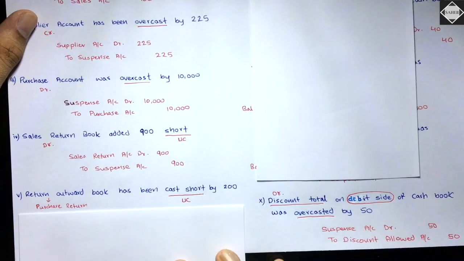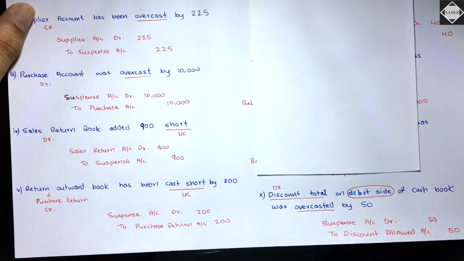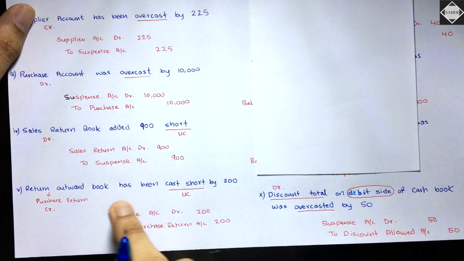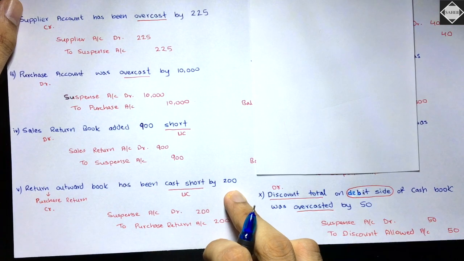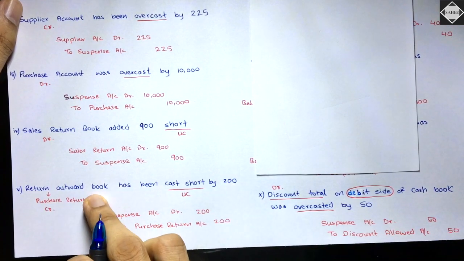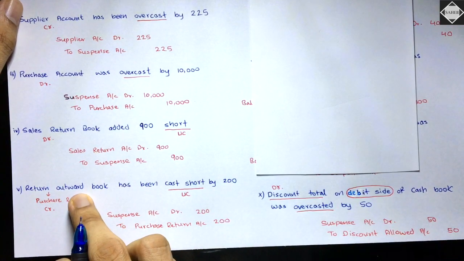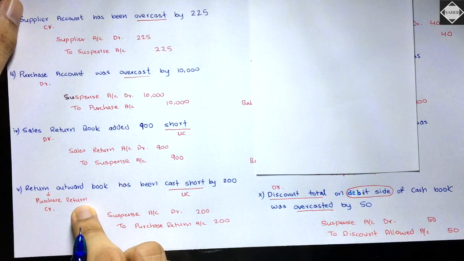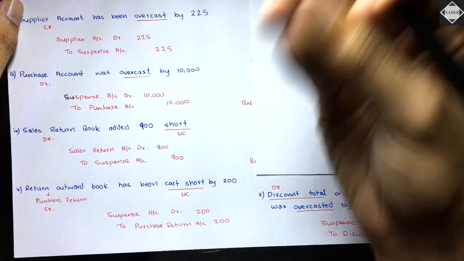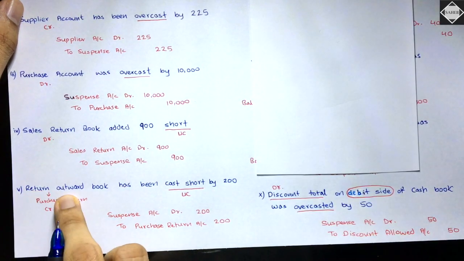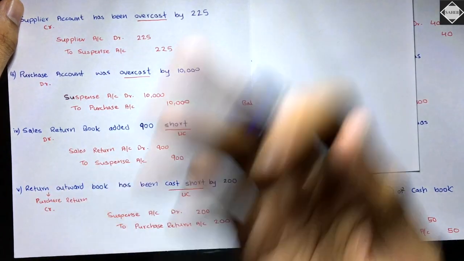And then the next transaction you have, see here, return outward book has been cast short. Short means undercast by 200. Return outward book means the purchase return book. Return inwards means sales return, the customer is returning to us, and return outward means purchase return, we are returning.